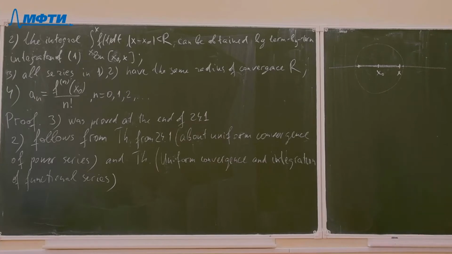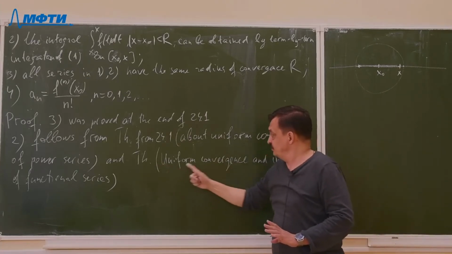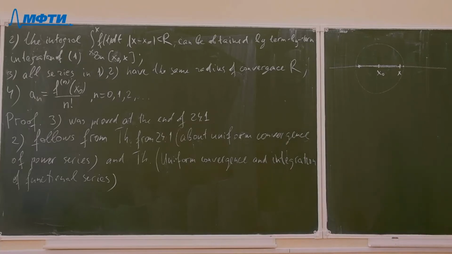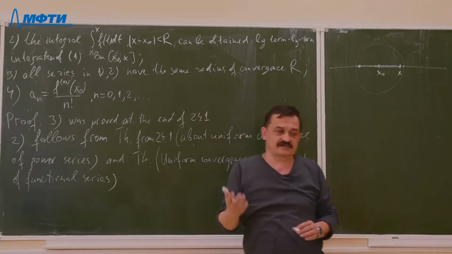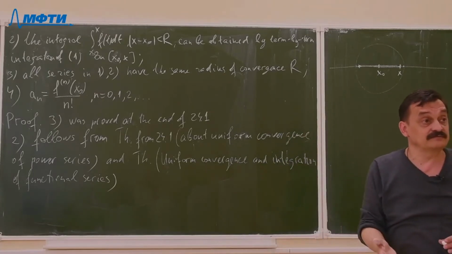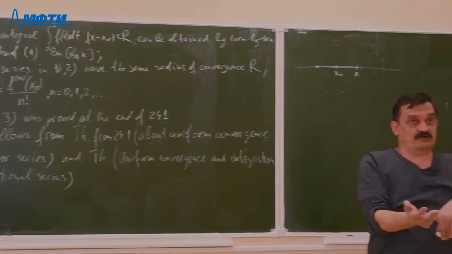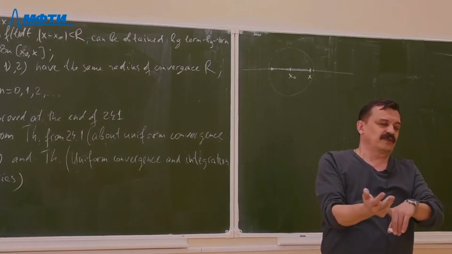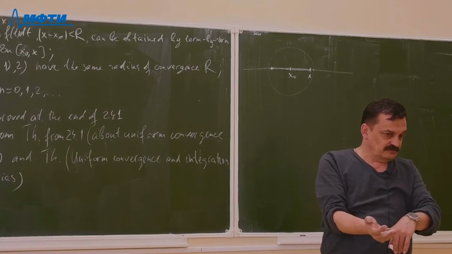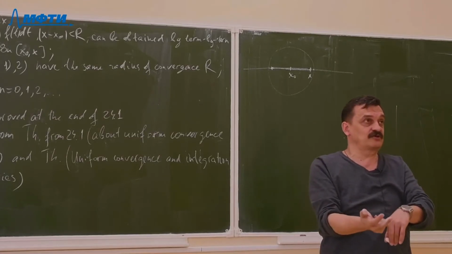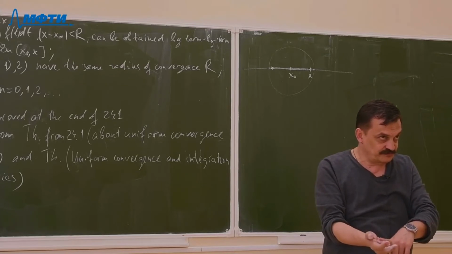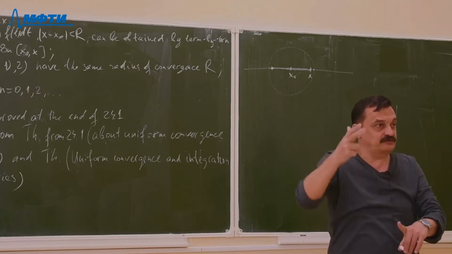Okay. Next theorem, uniform convergence and integration, says once we have a functional series, and every term of this functional series is integrable on an interval, and the functional series converges uniformly, two conditions, then we can integrate term by term.